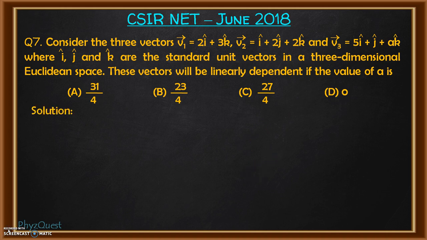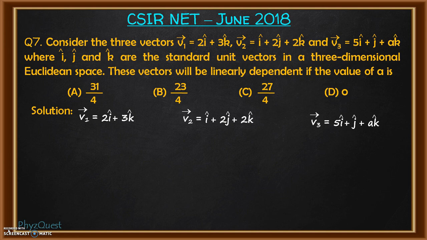So we have three vectors. V1 is equal to 2i cap plus 3k cap, V2 is i cap plus 2j cap plus 2k cap, and V3 is 5i cap plus j cap plus a k cap. Here we need to find the value of a at which the vectors will be linearly dependent.